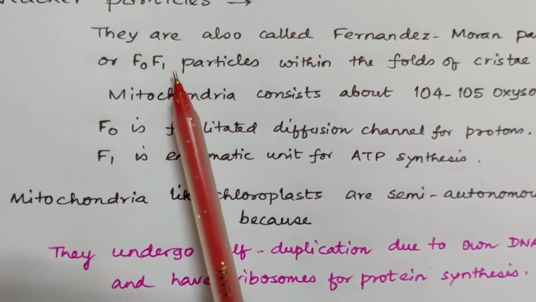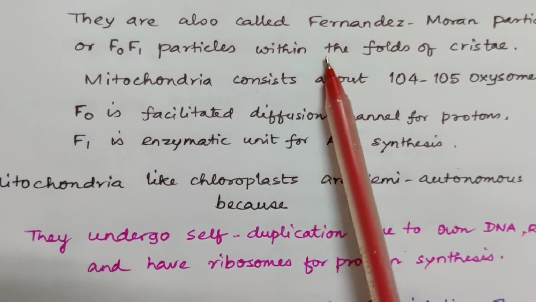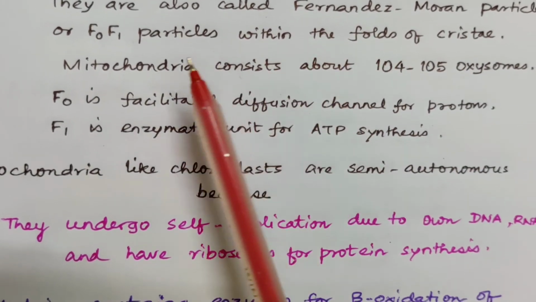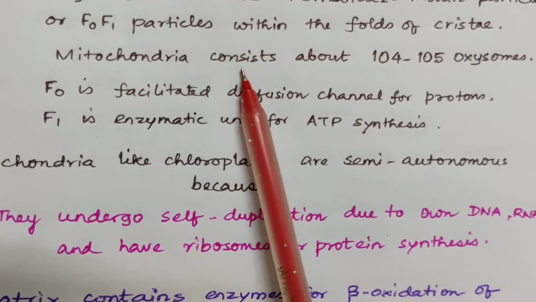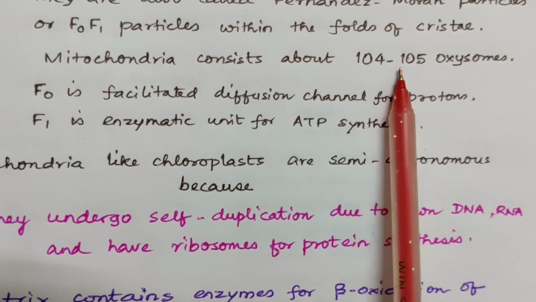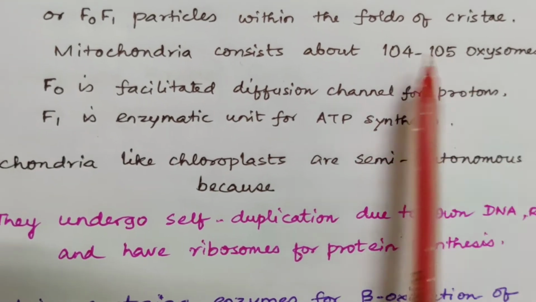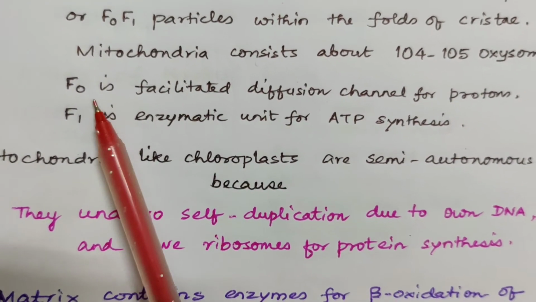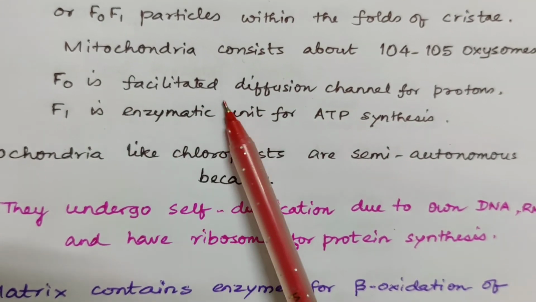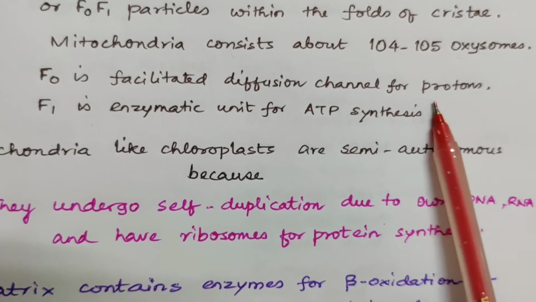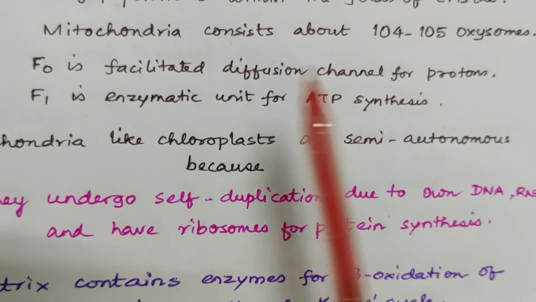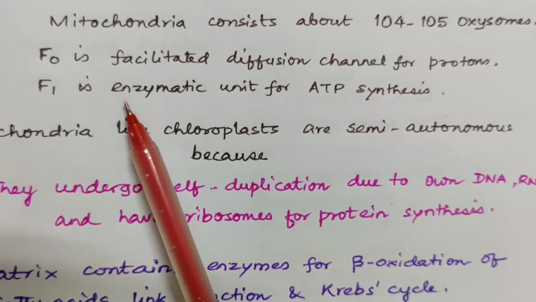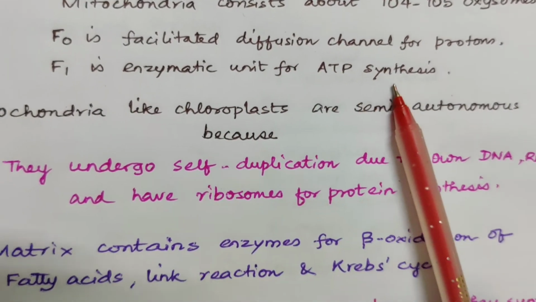These are also called F0, F1 or F1, F0 particles within the folds of cristae. Mitochondria consist of about 10^4 to 10^5 oxysomes. The F0 part is a facilitated diffusion channel for protons or H+, and the F1 part is the enzymatic unit for ATP synthesis.